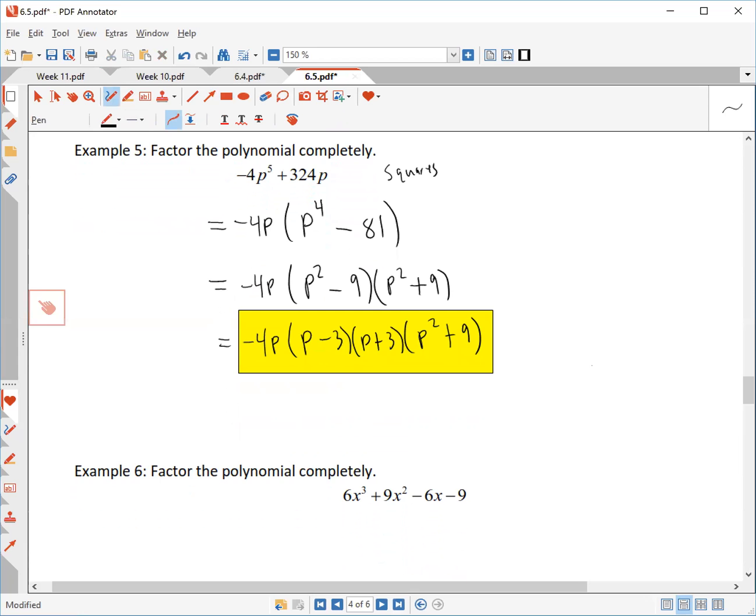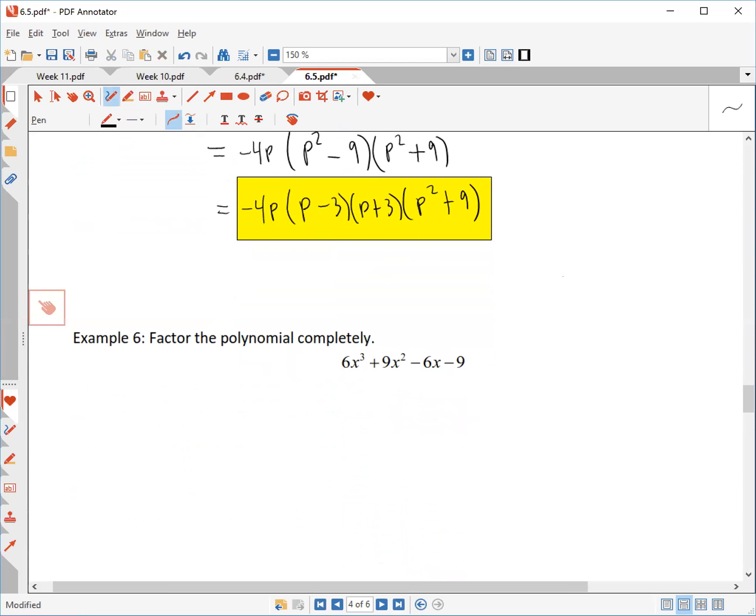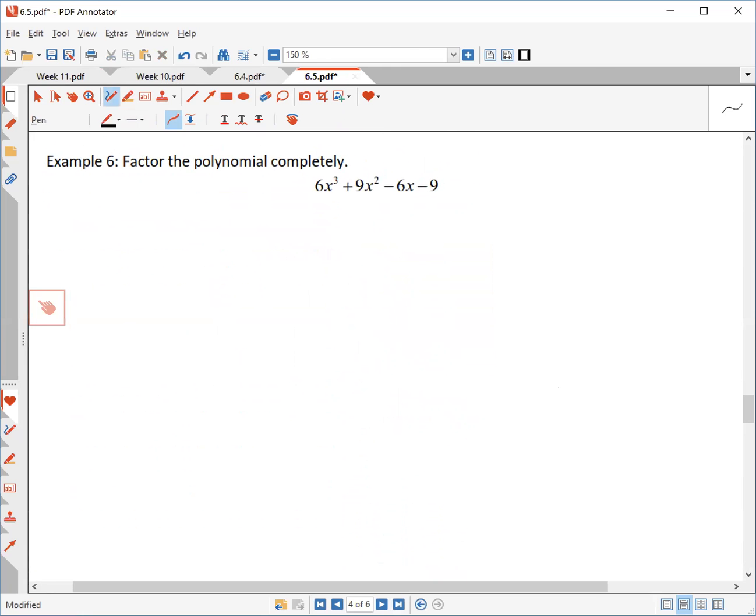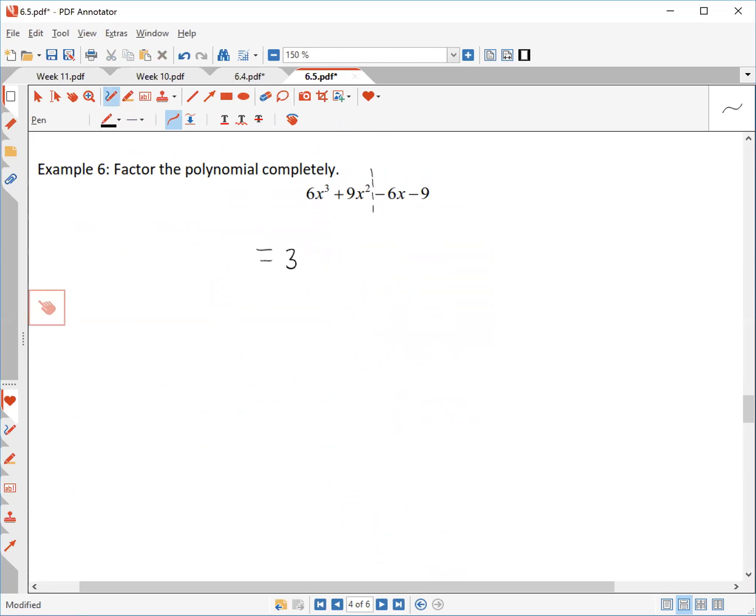Okay, so those are all of our binomials. And now we have a four-termed polynomial, which we always approach by grouping. When we have four terms, we group the first pair, and we factor out their GCF, which is 3x squared.